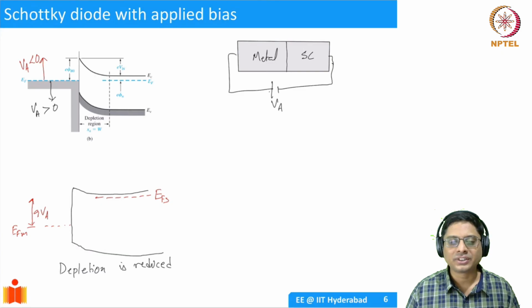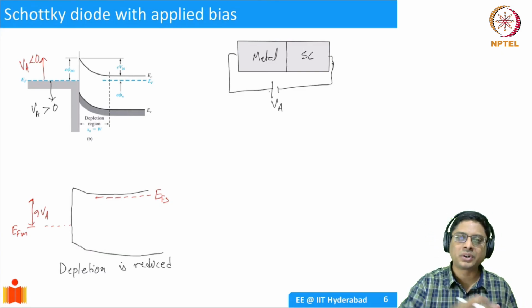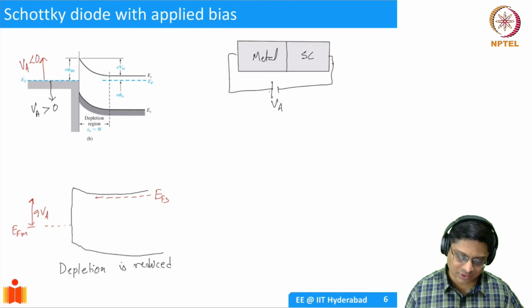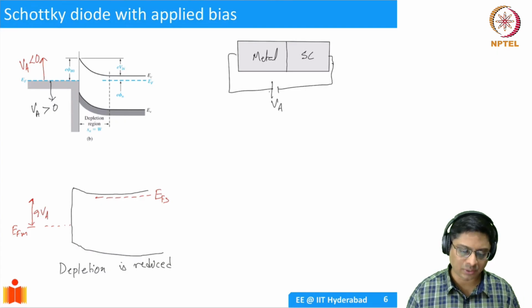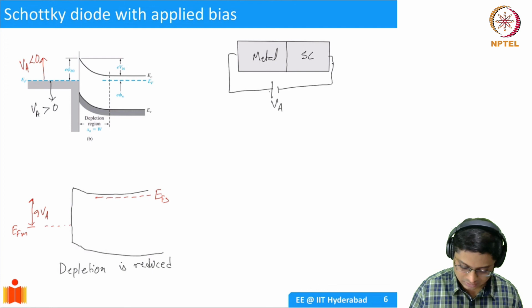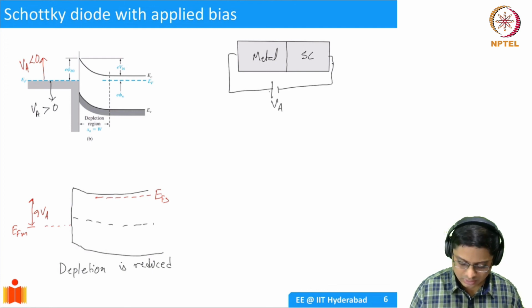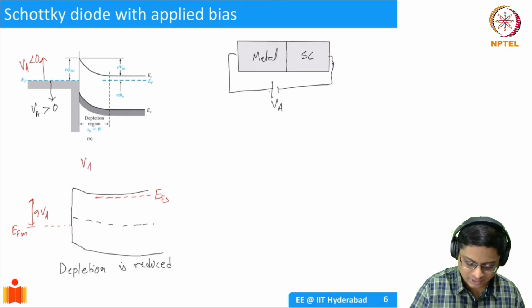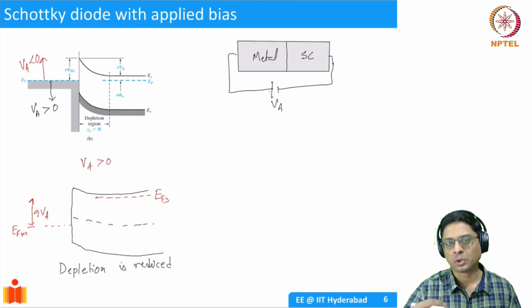Another way to think about it is that we are putting positive charge on the metal, so that's going to pull electrons towards the interface, and so the number of electrons increases in the semiconductor, and the bands go down. This is for VA greater than 0, so essentially the barrier is lowering.